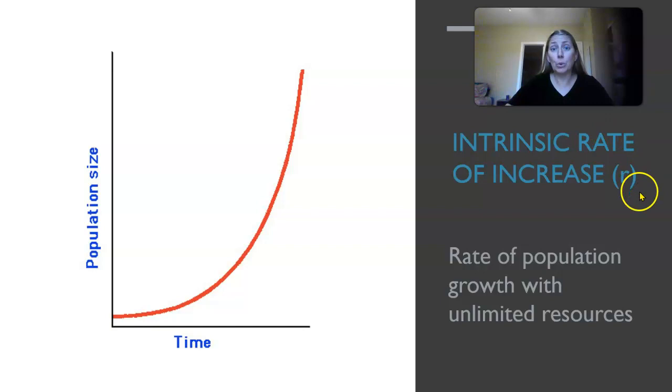But clearly we know in the real world, resources are limited. So this is just kind of a hypothetical. Here's what could happen based on the reproductive abilities of whatever organism we're talking about. Clearly, this is not something that happens in the real world because we, again, have limiting resources.